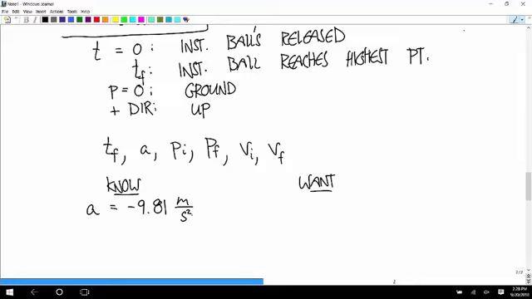So if it's slowing down and its velocity is up, what direction does its acceleration have to be? Down. And on the way down, what direction is its velocity? Down. Is it speeding up or slowing down? Speeding up. So what direction does its acceleration have to be? Down. No matter what direction something's going, gravity is always making it accelerate down.